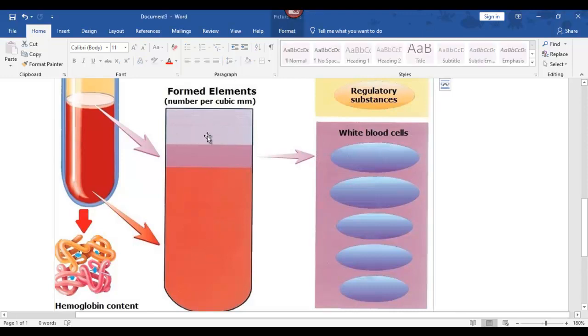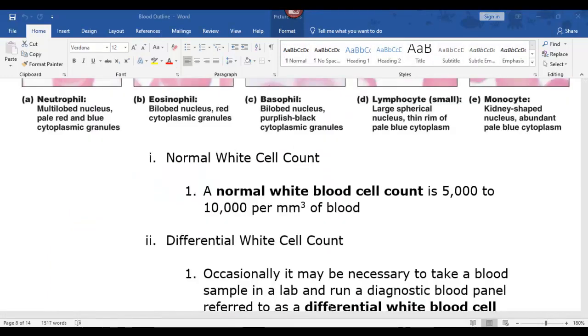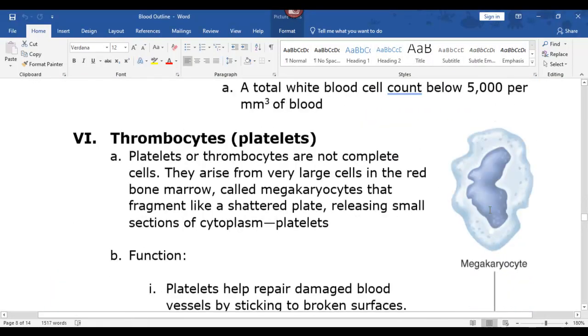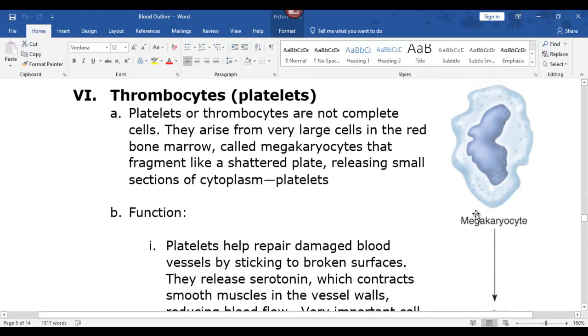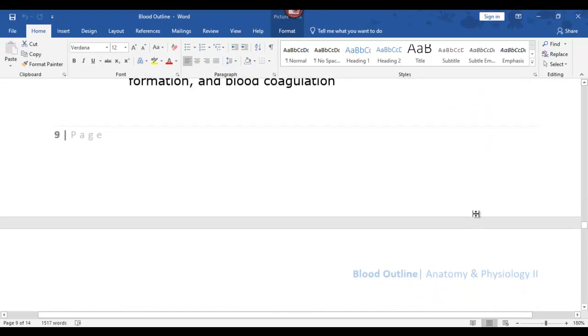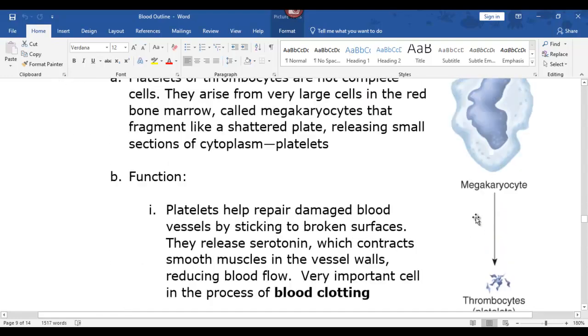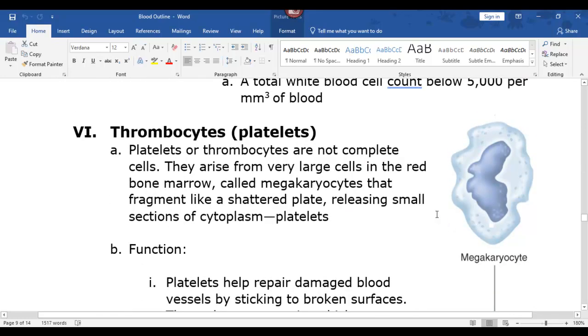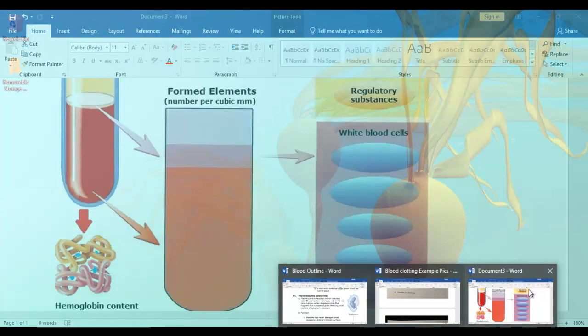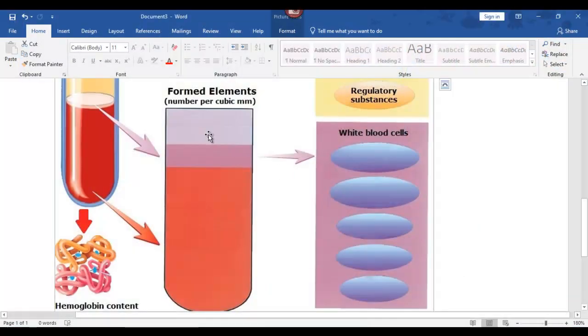If you start with this part up here first, if you go to your outline, and I'm trying not to bounce back and forth, all right, a normal count for platelets here is about 250,000 to 500,000 per cubic millimeter, per mm3.